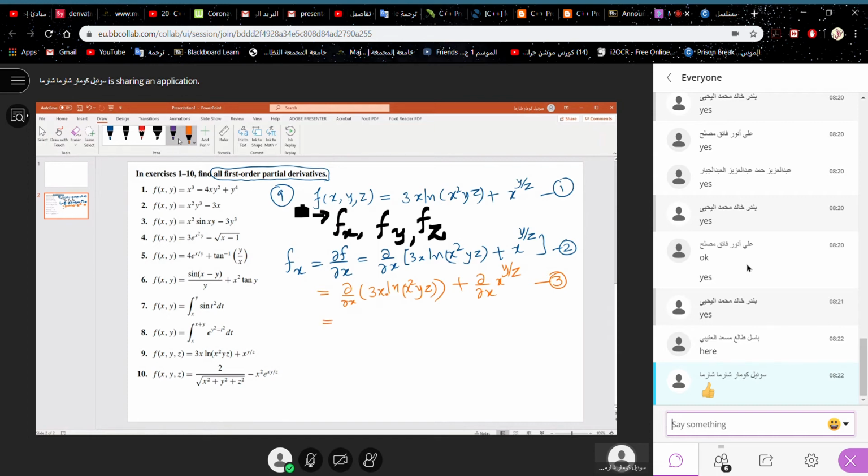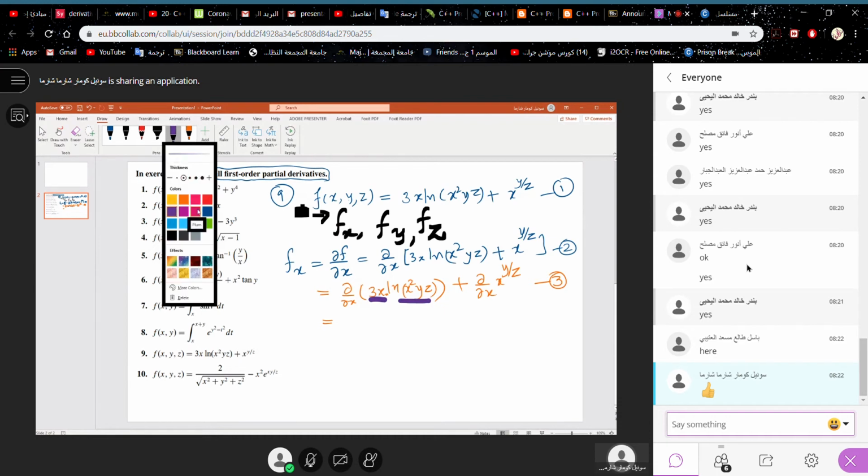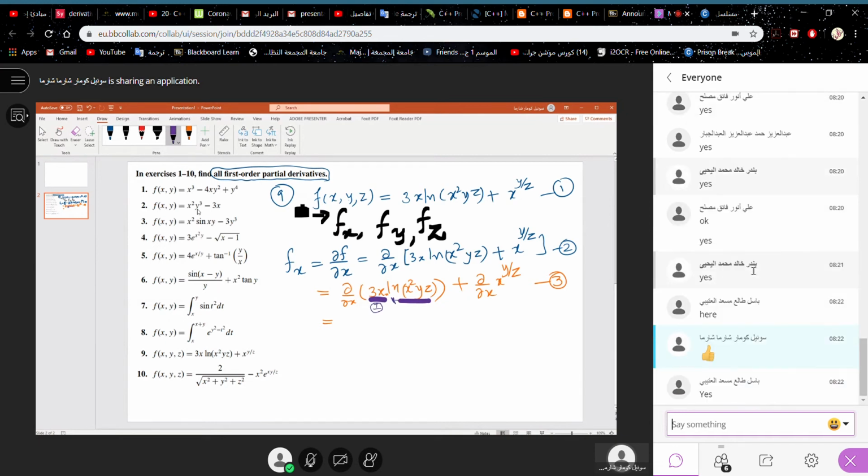This is the product of two functions. One is 3x and other is ln(x y square). Right? One is this and one is this. First, second. So what is the rule of the derivatives?